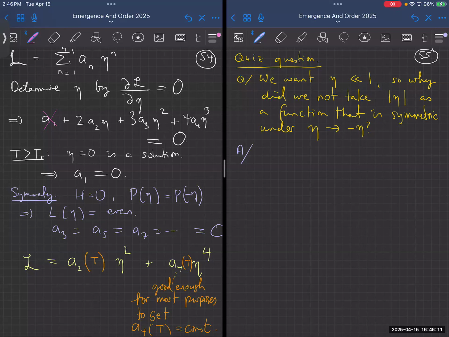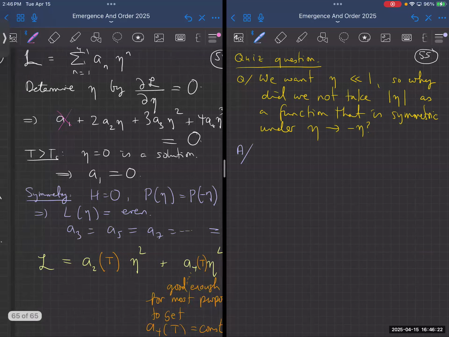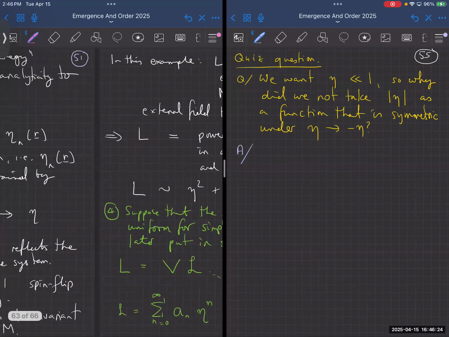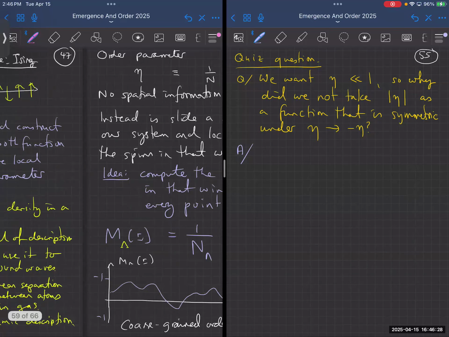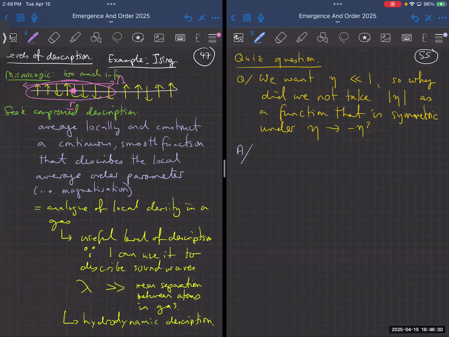Who wants a clue? Do you people on the second row want a hint? Okay. Well, think about this. How did we construct this? What is this thing meant to describe? What it's meant to describe is shown here on the left. It's meant to describe what happens when I take my sliding window and move it around in space and calculate what's going on in that.